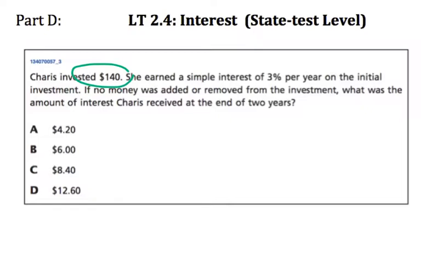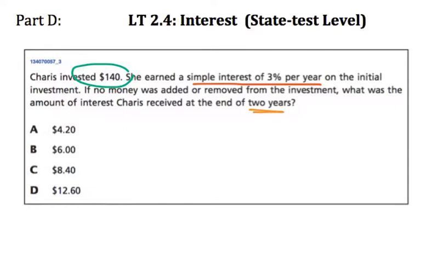Investing is the word that kind of means you're putting your money into the bank. And then she earns a simple interest of 3% per year. If no money was added or removed from the investment, what was the amount of interest Charisse receives at the end of 2 years? That last part, the 2 years part, is pretty important.